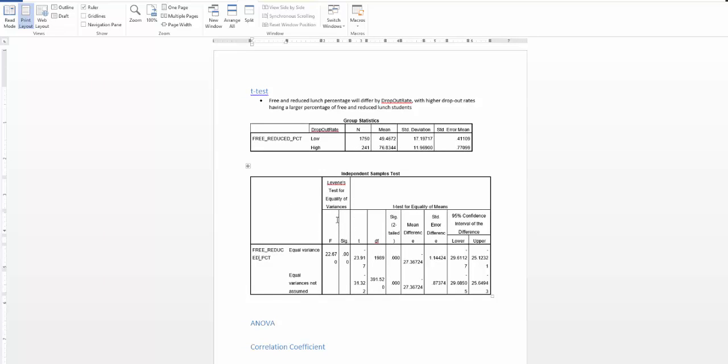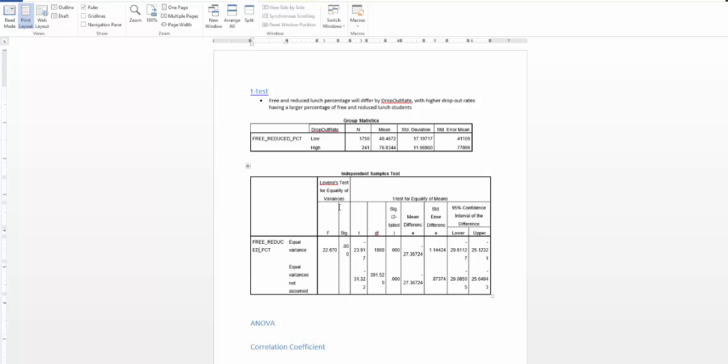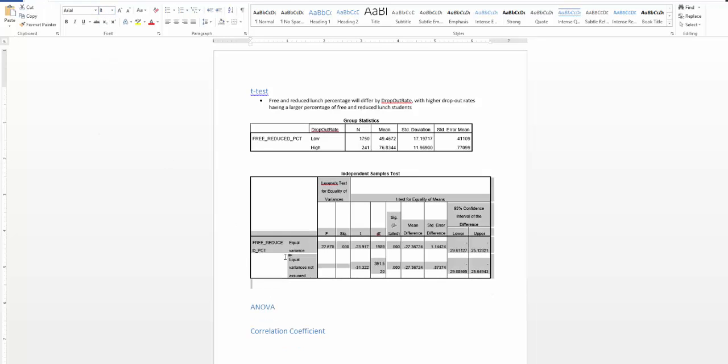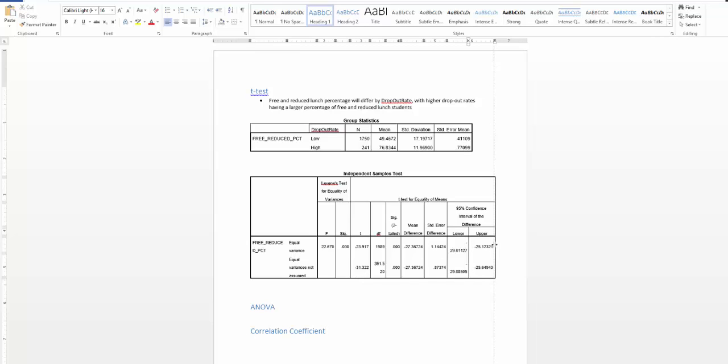What we'll do is make this 8 points. Makes it really hard for me to read, but at least we can see what we've got. We have it all on one page.